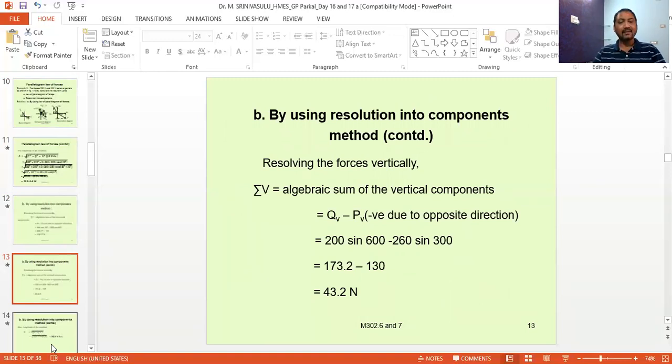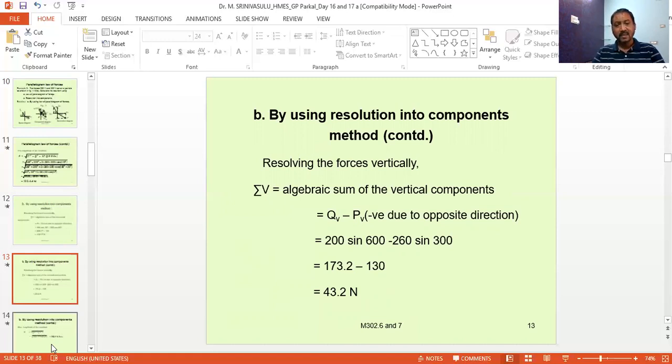Therefore, the algebraic sum will become Q's vertical component minus P's vertical component. That is nothing but 200 into sine 60 minus 260 into sine 30. So it is equal to 200 into 0.8660 minus 260 into 0.5.